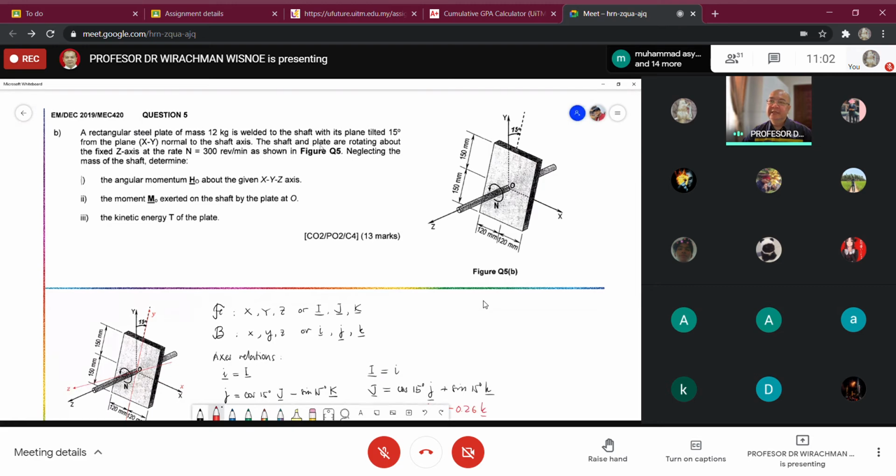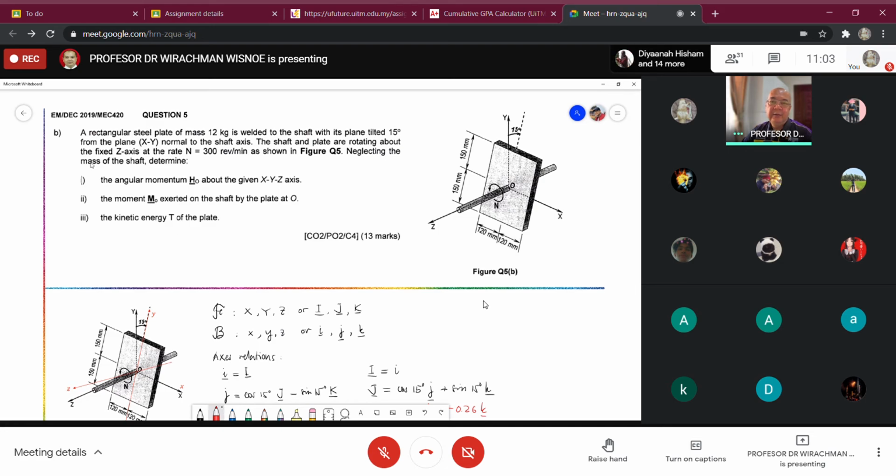The shaft and plate are rotating about the fixed Z-axis at the rate of 300 revolutions per minute as shown in the figure. Neglecting the mass of the shaft, determine: 1, the angular momentum H naught about the given XYZ axes, 2, the moment M naught exerted on the shaft by the plate at O, and 3, the kinetic energy T of the plate.